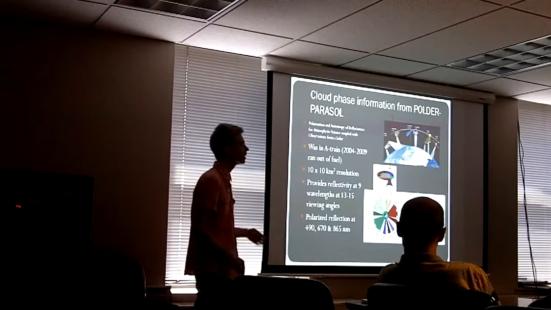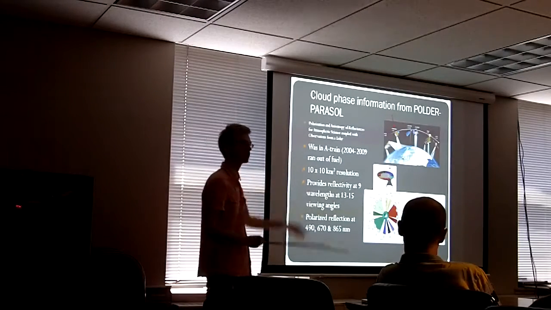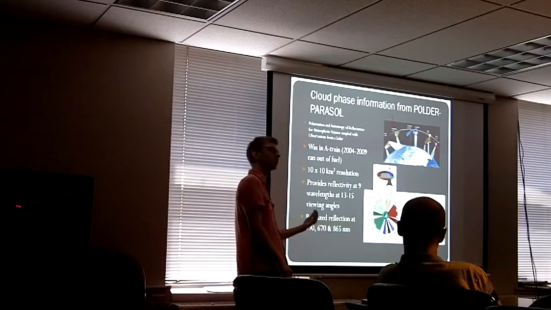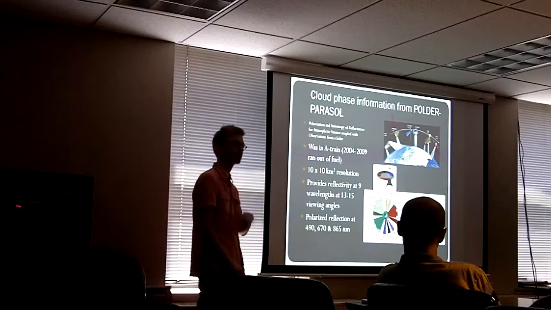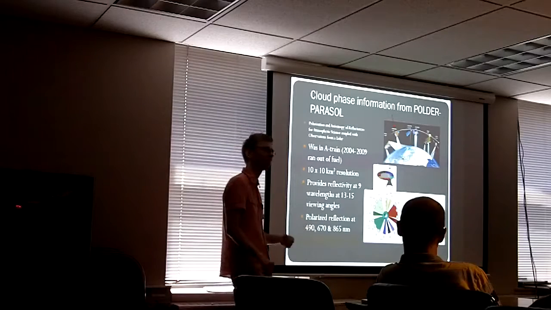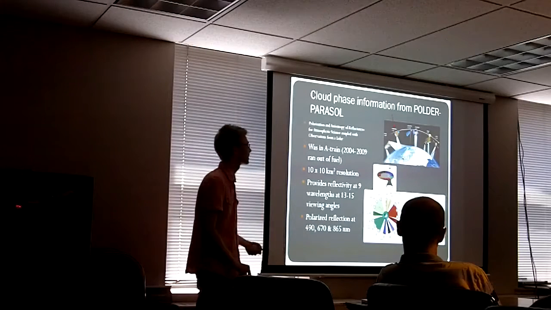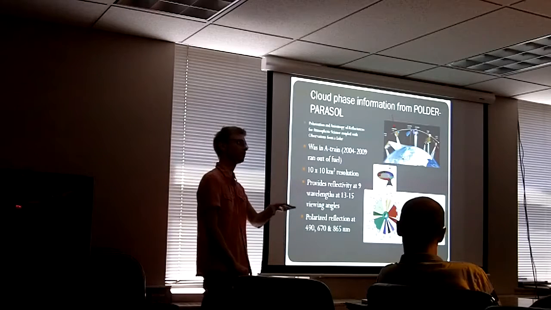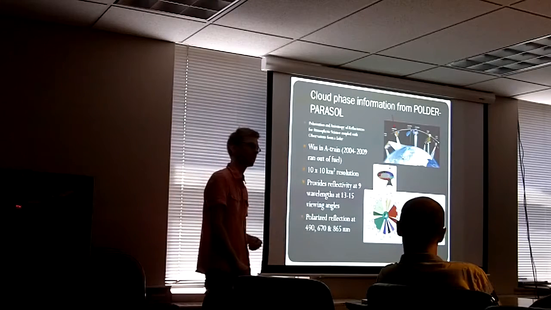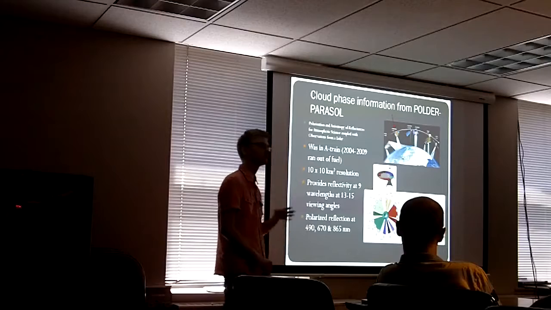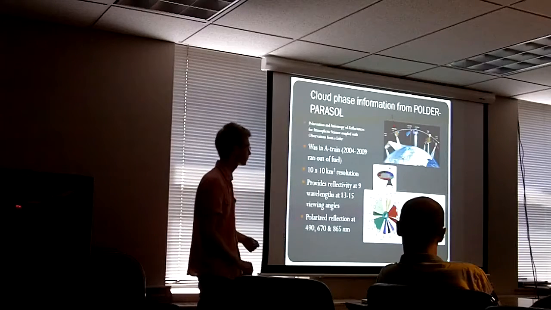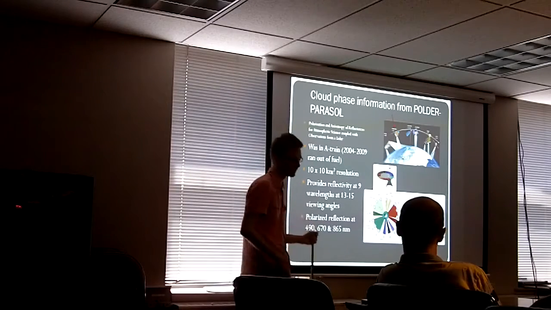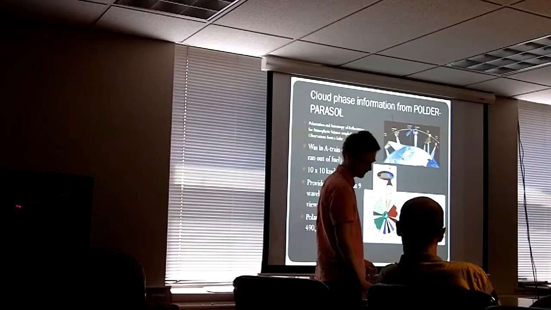So POLDER is actually making similar measurements to what APS, which the Glory satellite was going to make. But APS was making them at many more angles and also many more wavelength bands. But for now, this is what we can use.